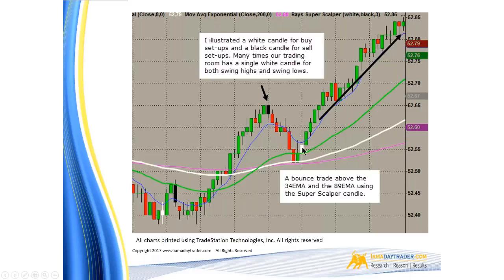This is the T1 candle that Ray uses for many times of when he's going to use an entry. He waits until the white candle has been created, which means, again, a close above the low bar here and one tick. Once the white candle has been created, he then enters.